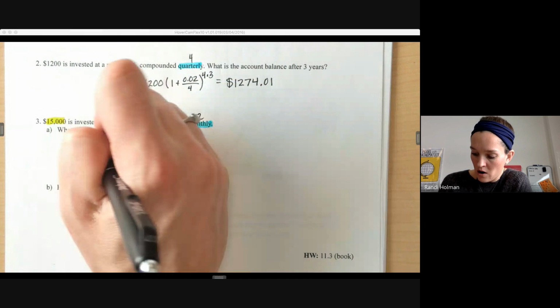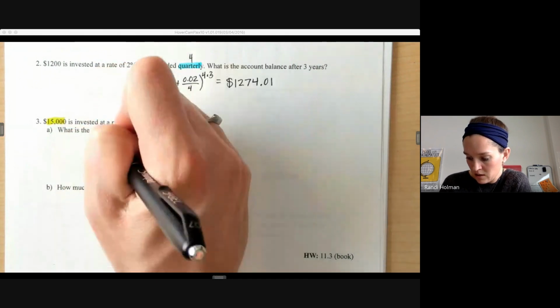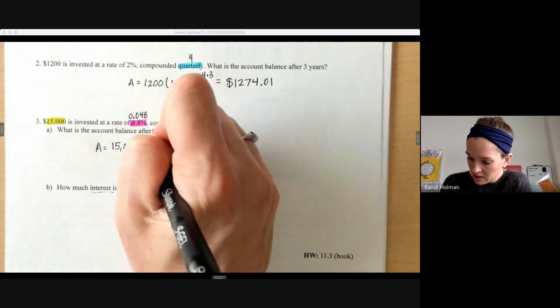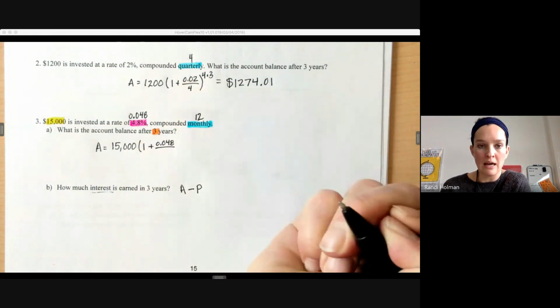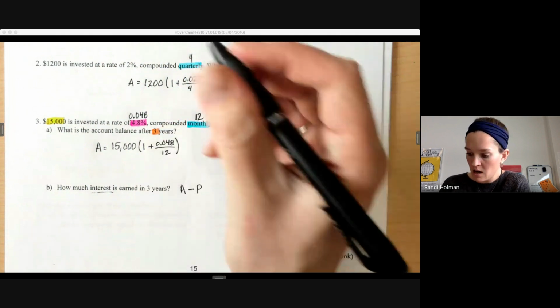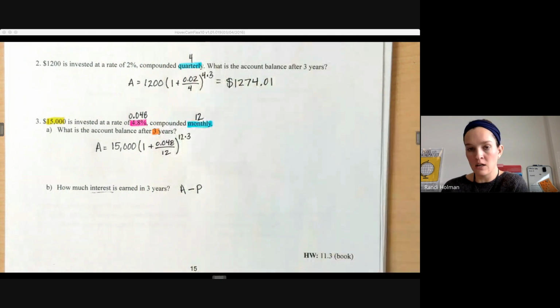So we have our principal is 15,000. We get to start off, keep 100% of that principal, plus an additional 4.8%, but we're splitting that 4.8% up into 12 equal payments. And then our exponent is going to be 12 times 3, because we're getting it 12 times per each year.